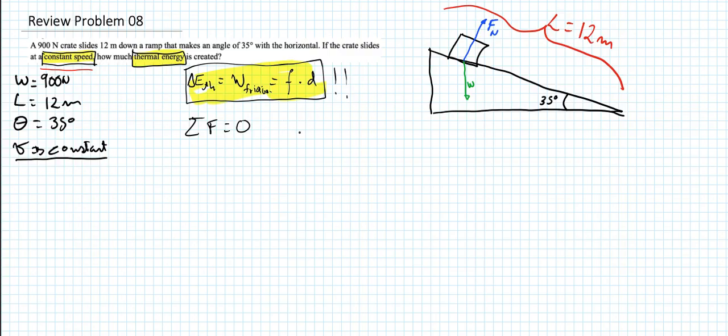So if we have a constant speed, the sum of all forces in our system will be equal to zero.